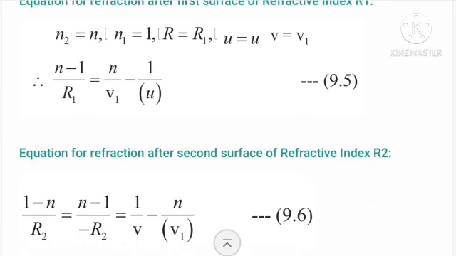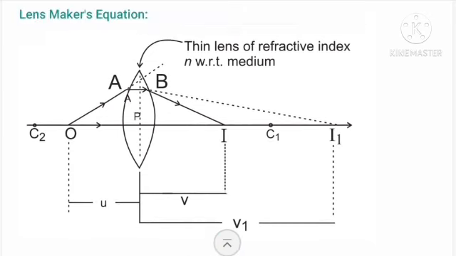Now our next equation is for refraction at the second surface of radius of curvature R2. In this diagram, at the second refracting surface where point B is located, the ray bends towards the principal axis and reaches point I. Here we get a real image, and for this real image I, the virtual image I1 will act as the object. That is why we should consider the value of v1 as u, because the object distance u must be equal to v1.